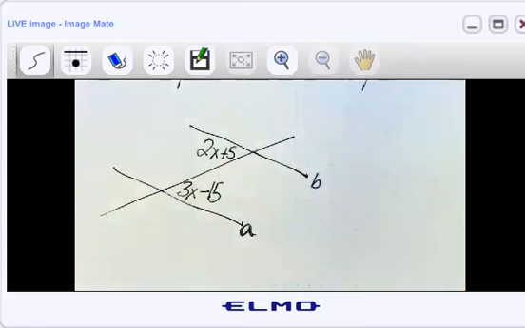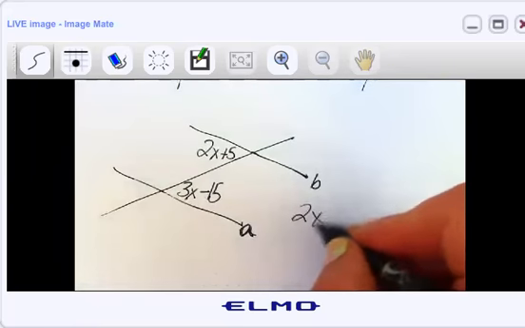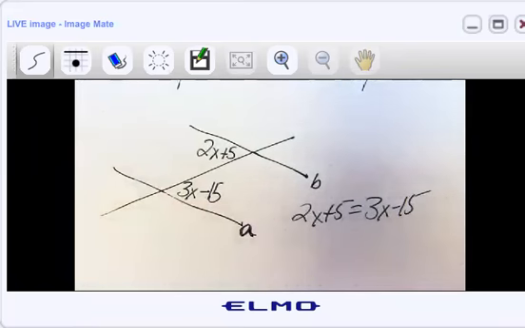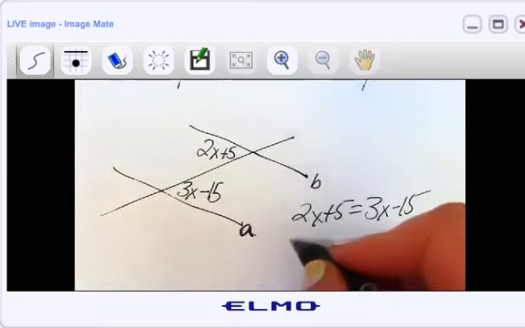Equal. Yes, these are alternate interiors, aren't they? What we have learned is that alternate interiors should be equal in order for the lines to be parallel. So that's literally my equation. I'm just going to do 2x plus 5 equals 3x minus 15, and I'm going to solve my equation like I normally do.